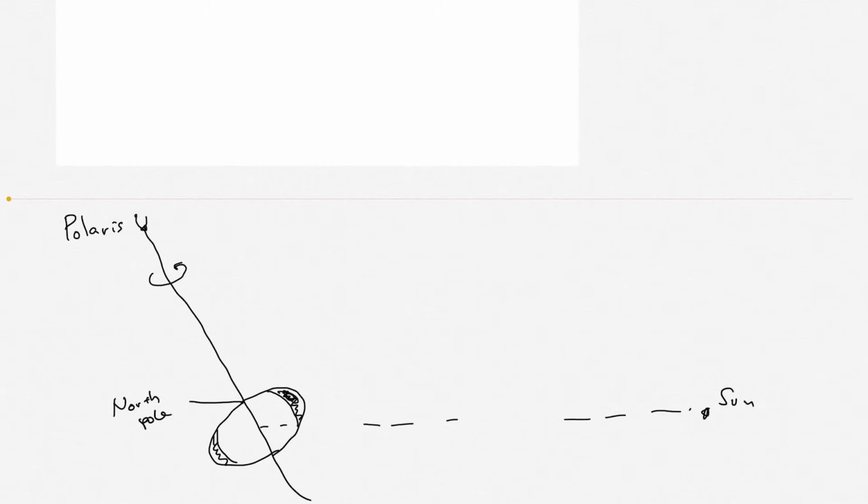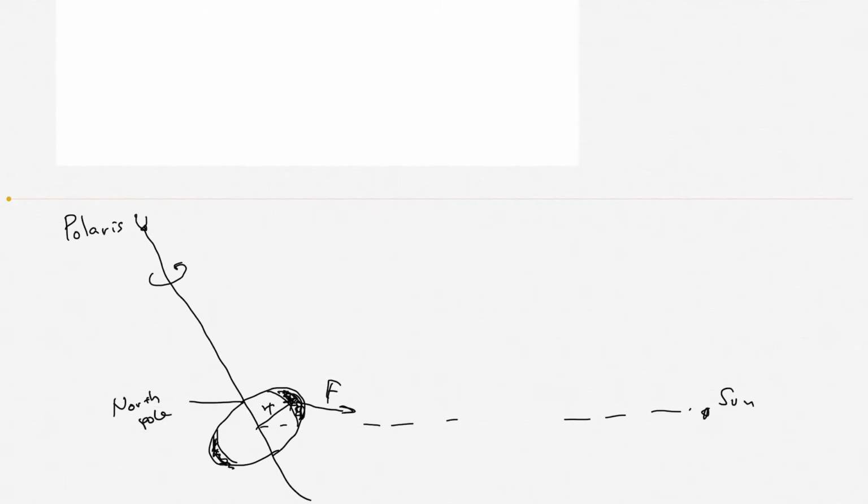This region is much closer than the Earth. Then a strong force is acting compared with the other side of the Earth. Then this R cross F produces the torque on the Earth.